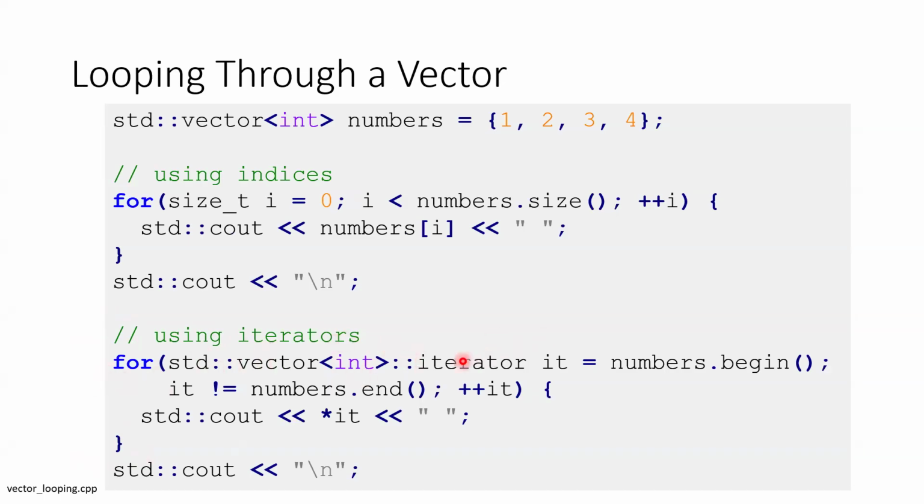We start from iterator numbers.begin. We stop when it sees numbers.end, and we increment in each iteration. And we can access the elements by dereferencing, using star IT to dereference, which is similar to a pointer.